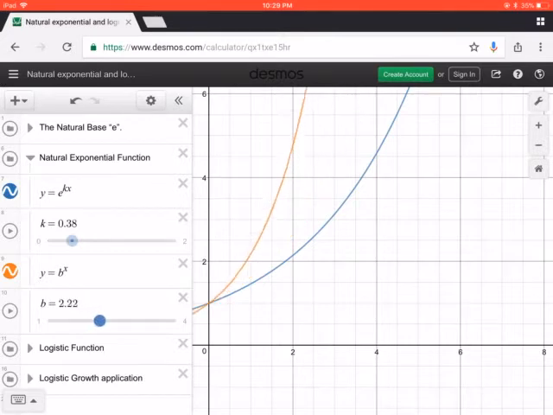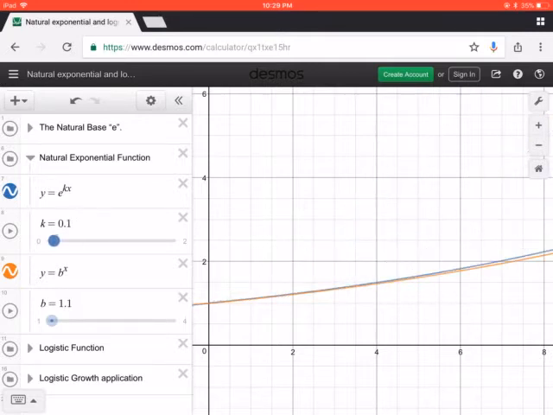So let's say I just make my value be this 1.1. There is a value of k that will make the exponential function with the base of E equal to that. So I'm trying to, and you can see about right there. Yeah, and that's kind of amazing when you think about it.